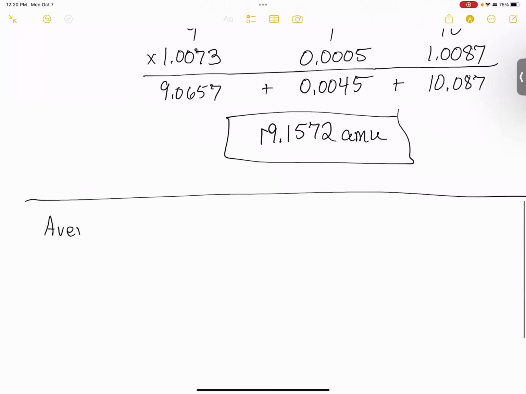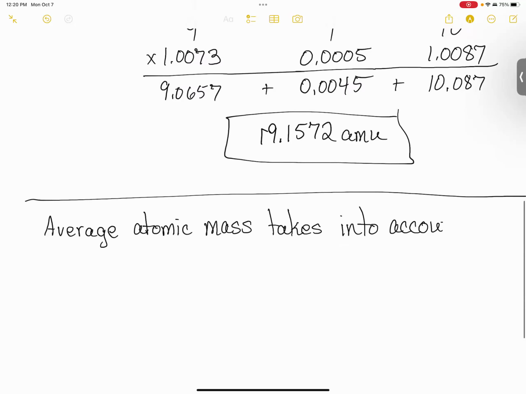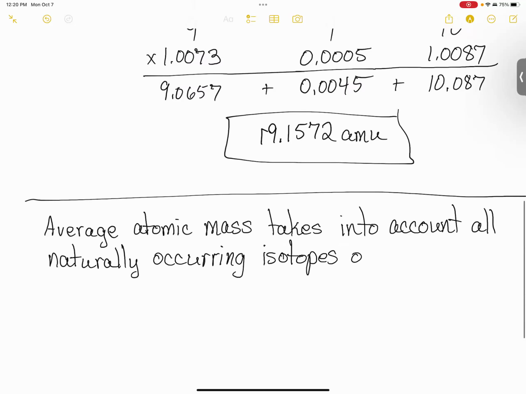Now, the average atomic mass takes into account all naturally occurring isotopes of an element and their abundance.